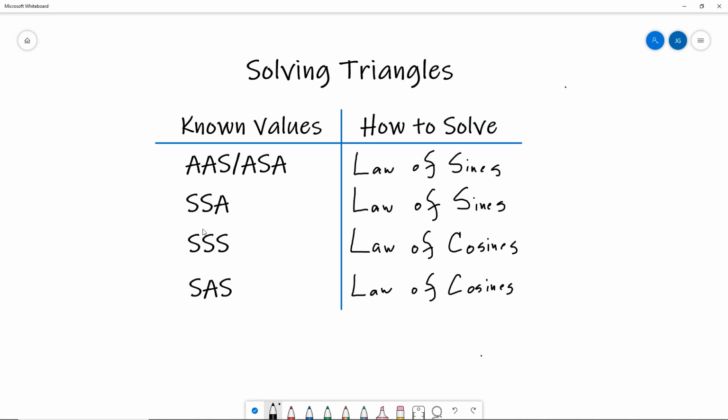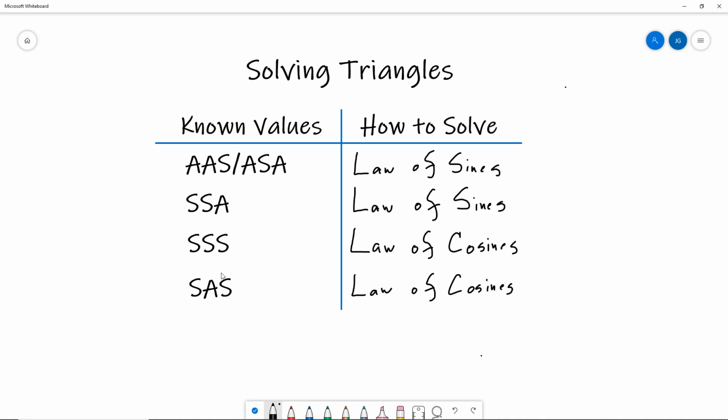Now, the reason that we can't use the law of sines for side-side-side or side-angle-side is because these two situations don't provide us with both the length of a side and the measure of its opposite angle. So, if we were using the law of sines, we don't have both the top value and the bottom value of any of the ratios that then allows us to figure out what the other ratio should be equal to.